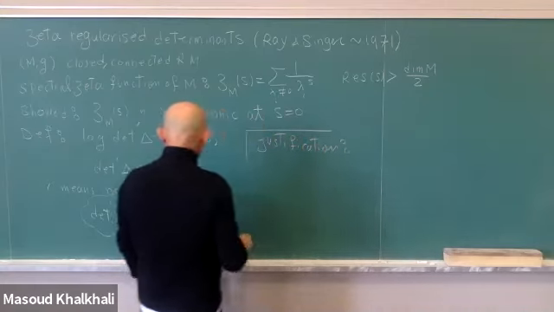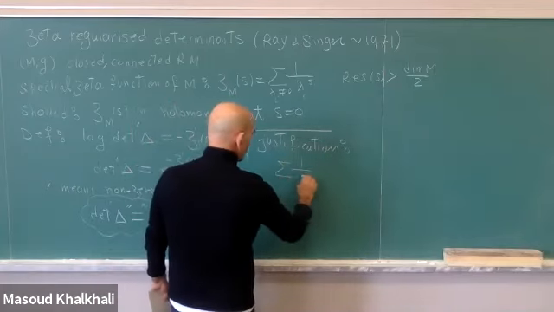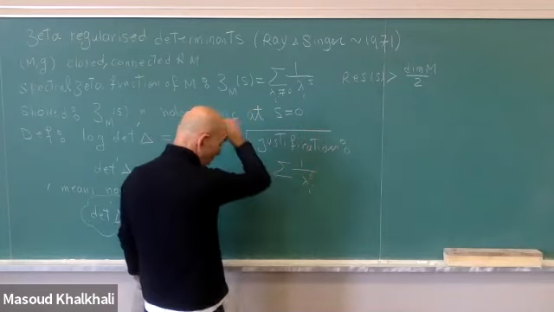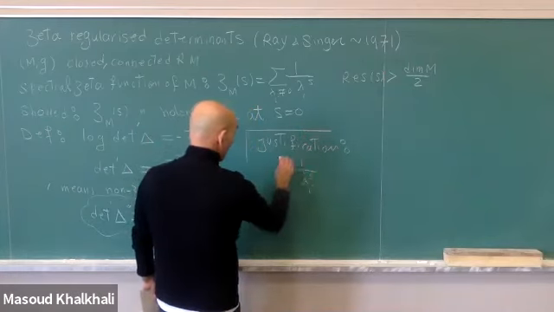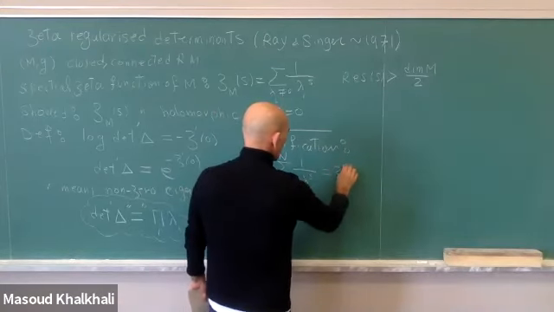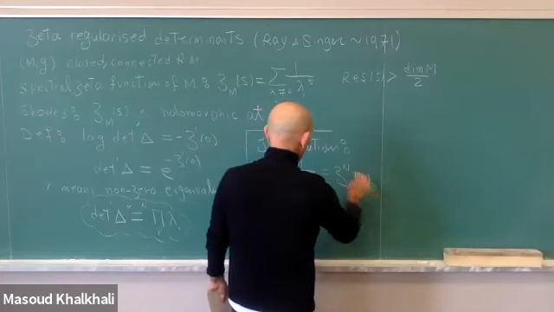In fact, you can notice that if you just take a finite number of terms, from 1 to n, let's call this zeta_n(M, s).